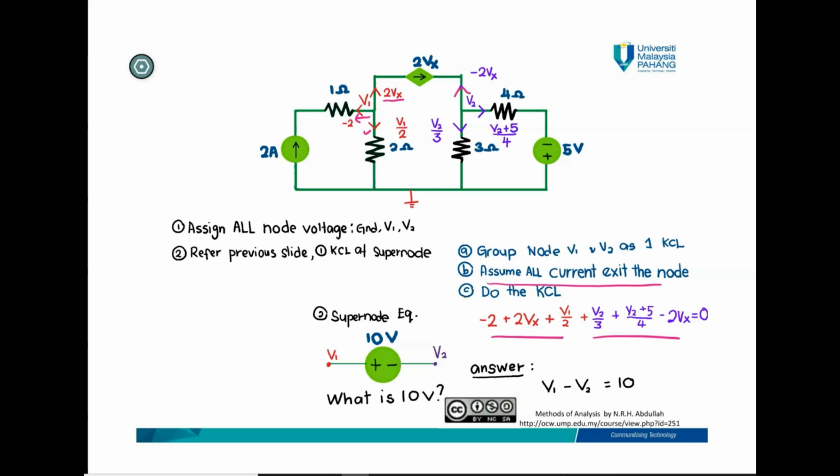And then the current here, which is V2 plus 5 over 4. And lastly, the current flowing through the 3 ohm, which is V2 over 3, and this is equal to 0. So this is the KCL for the supernode.